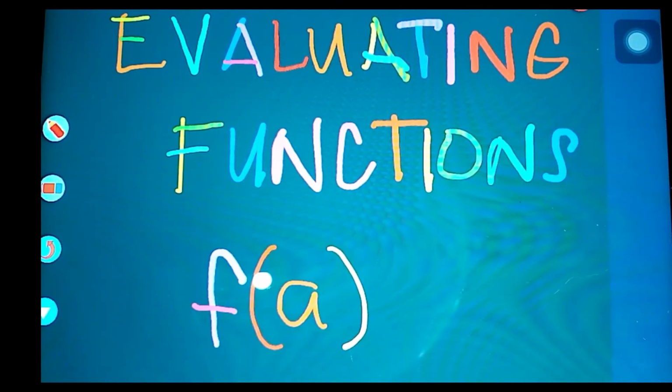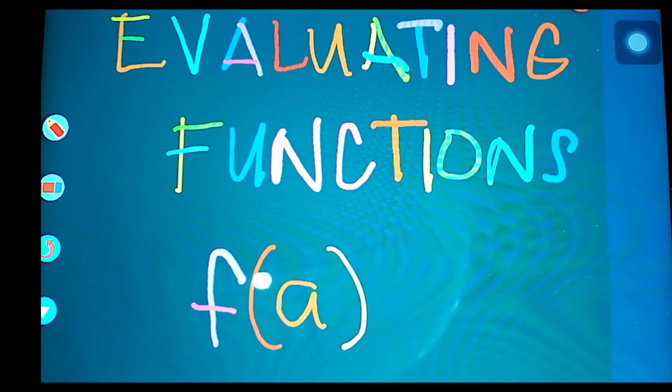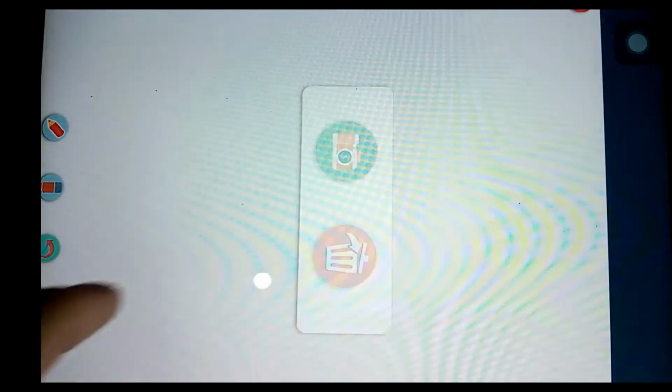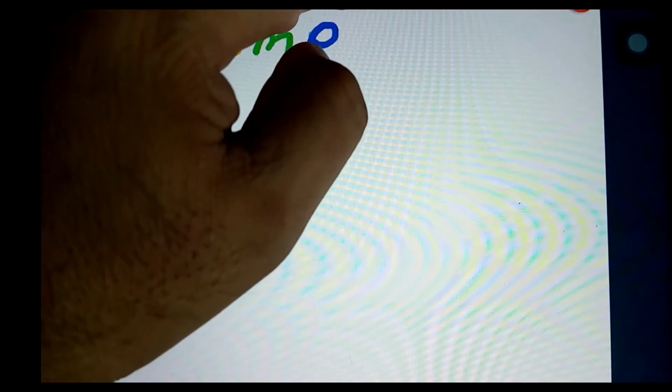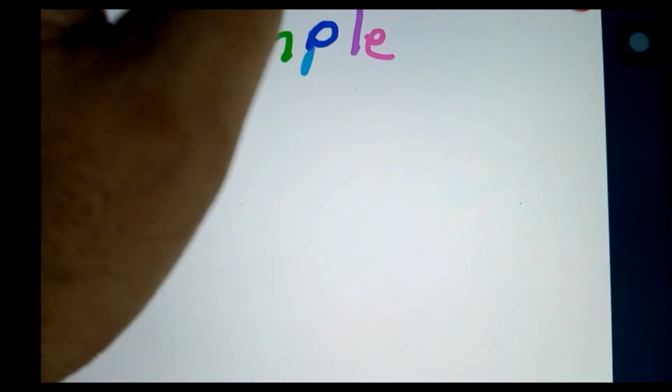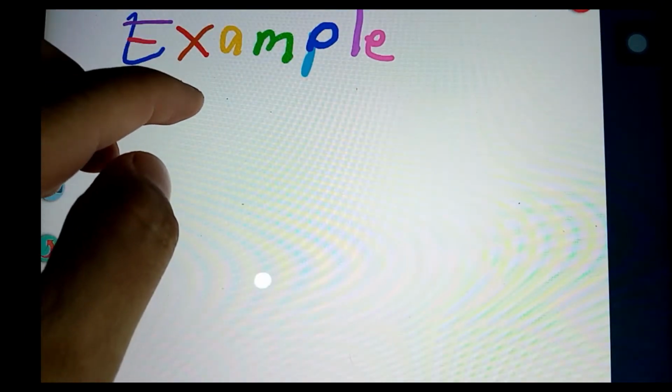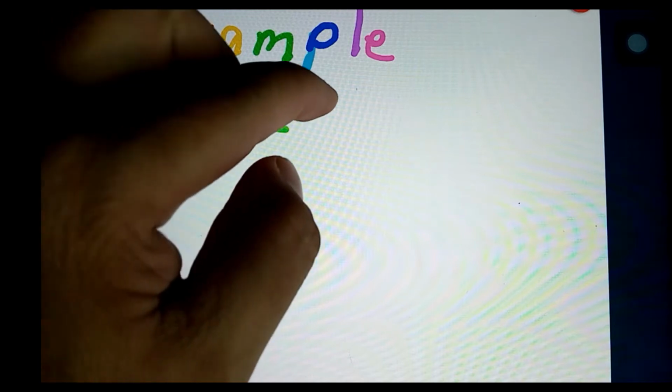By that notation we are going to show some examples on how to evaluate functions. Example 1, we are going to evaluate different functions using the value of x equals 1.5.